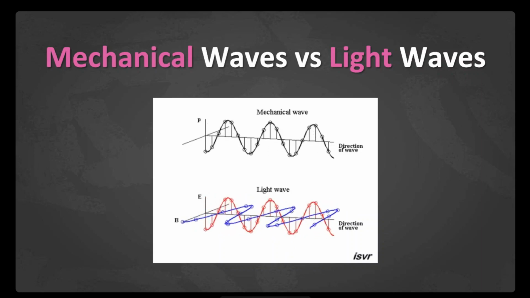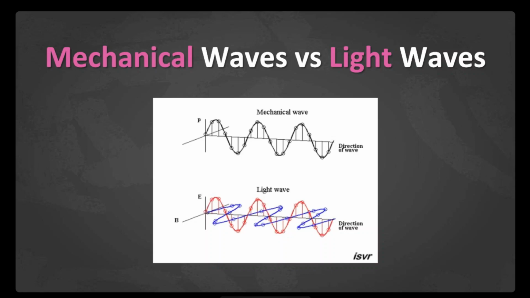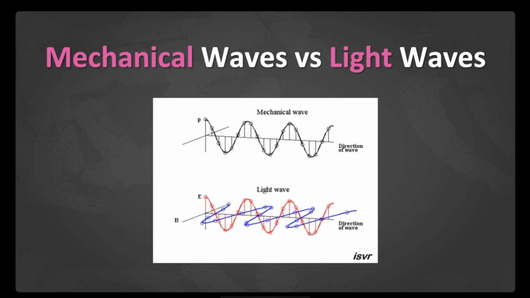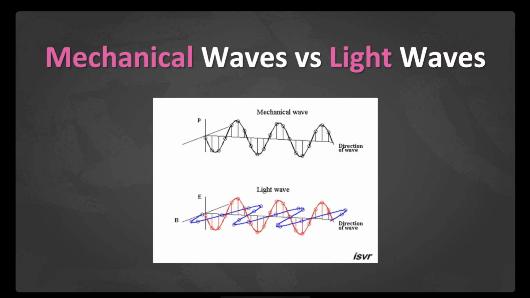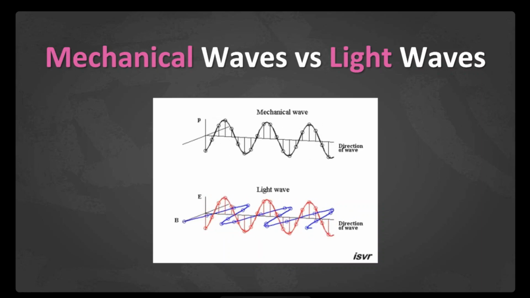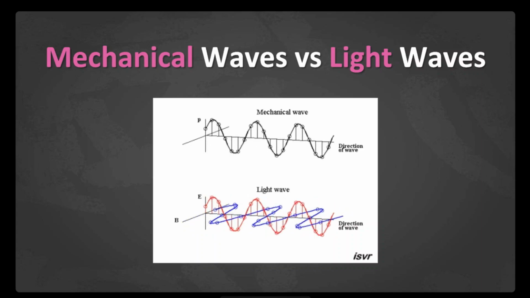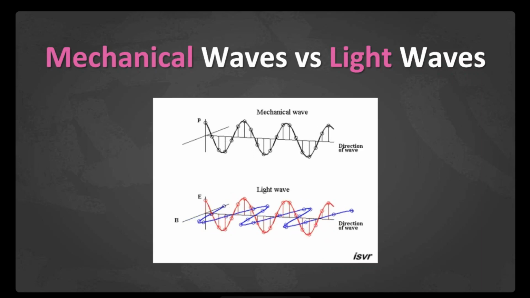Whereas a light wave or electromagnetic wave does not require a medium. It can travel through a vacuum. If you think of the sun as a giant ball of helium emitting a bunch of light and energy that travels through space, an empty vacuum or near an empty vacuum, and that comes into contact with our atmosphere.